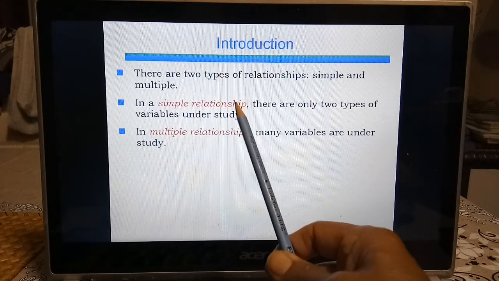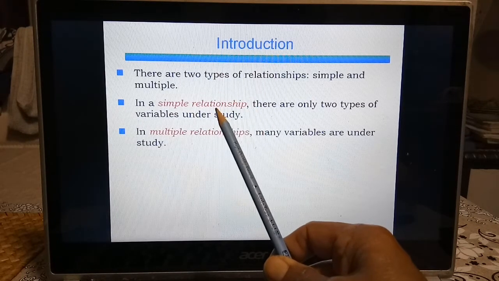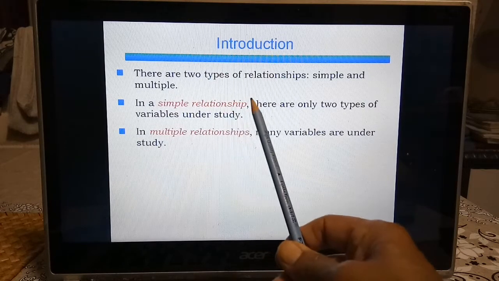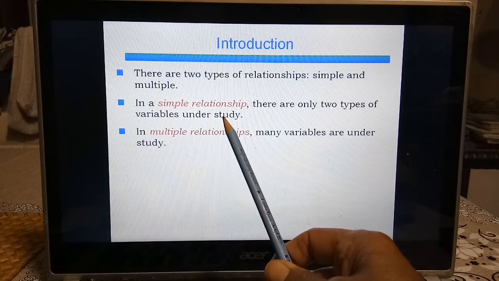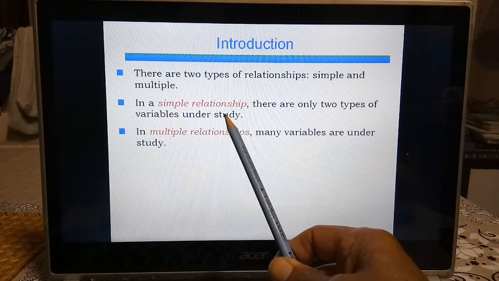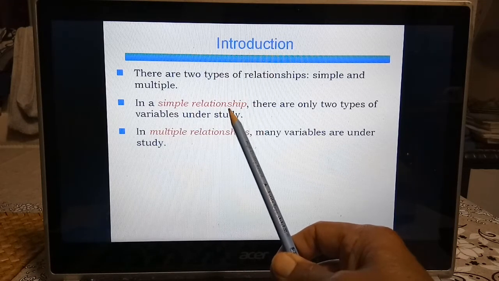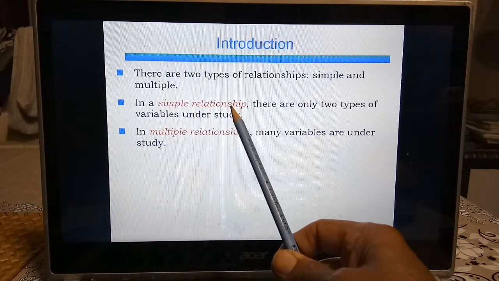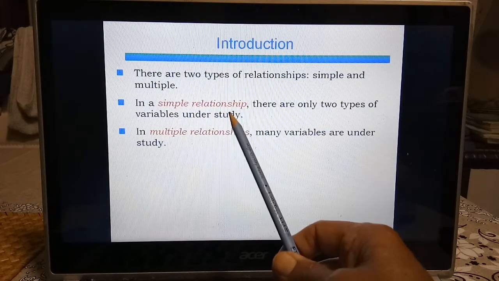Contohnya tinggi dan berat, gender dan grade, ataupun keluarga yang punyai taraf hidup yang sederhana, ataupun pelajar tersebut mempunyai kemahiran dalam sesuatu perkara. Okay, dua variable sahaja. That is called a simple relationship.